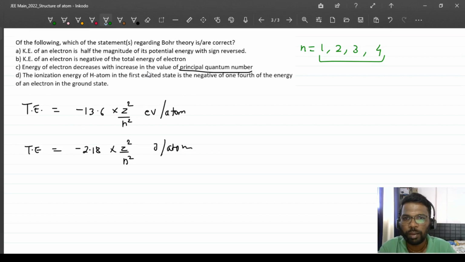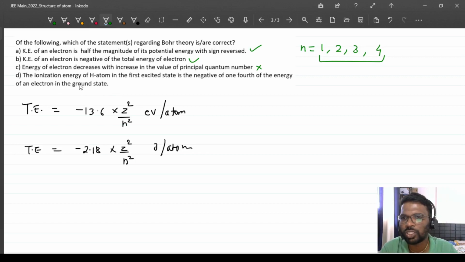With an increase in the principal quantum number, the denominator is increasing, so the overall value will decrease in magnitude, but since it is negative, the energy actually increases. So this statement, that energy of the electron decreases with increase in the principal quantum number, is incorrect.